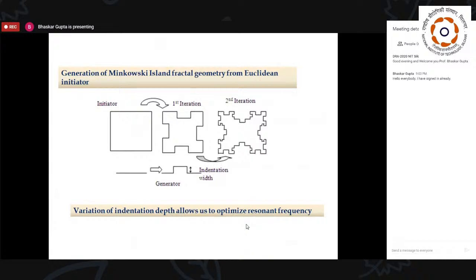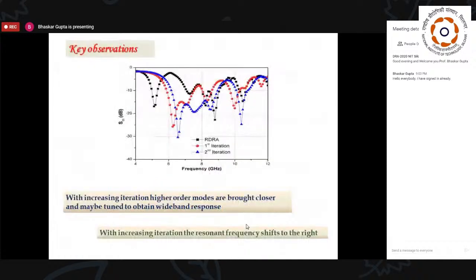And in every iteration, you can change the indentation factor. Indentation factor means the ratio of this indentation width to the total width, or you can keep it the same also as you like or as is convenient to you.